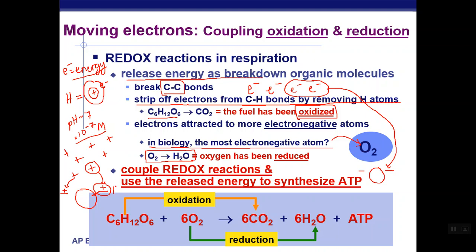That's just a hydrogen. What do you have over here? The same thing. A proton and an electron is just a hydrogen. So what molecule did we make? We made water, right? Because oxygen is so electronegative, it attracts the electrons getting broken and released by the carbon-hydrogen bonds in glucose, which in turn attract protons. You actually get water molecules.